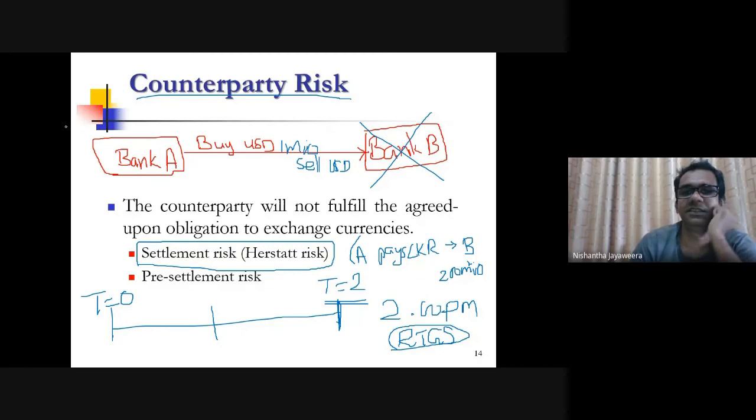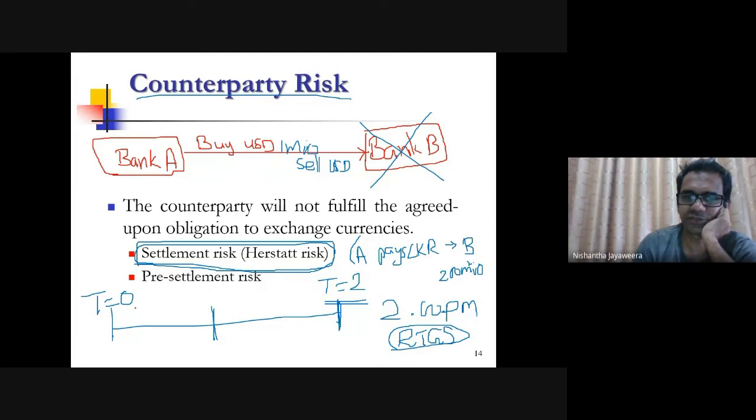And in this case, what we discussed on the value date, if the counterparty fails to make the payment, that's the settlement risk. But during this period, once you enter into the transaction but before you make the settlement, even in this Herstatt case, there could have been a transaction on this T plus date.